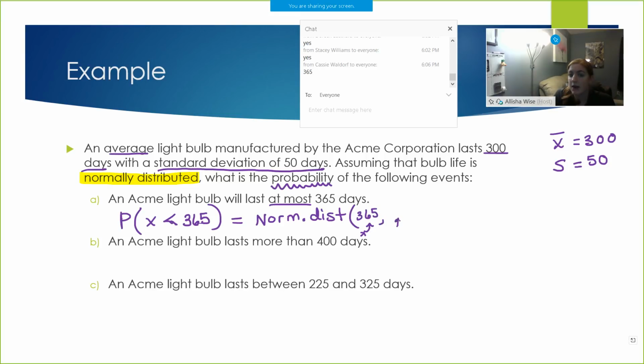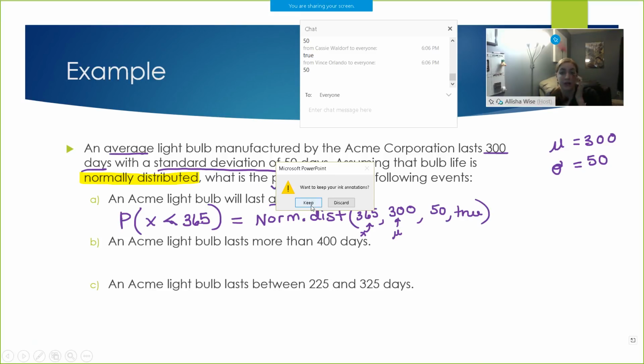Our second number is our mean, which is X bar or mu. It doesn't really matter. Let's change that back to mu. Everybody's using pencils, right? Okay, so 300 would be our mu, and our sigma is 50. And what do we always write last? True, yes.